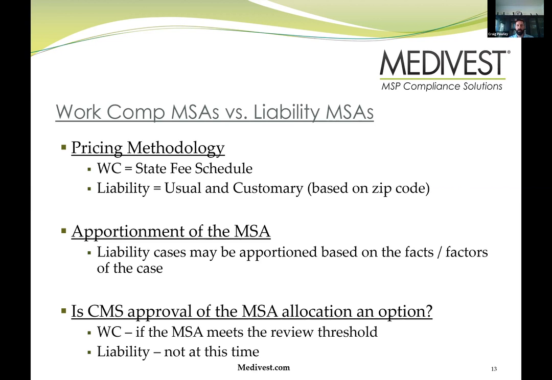So what we would do is put together the full MSA, which is the full figure, and draft a separate apportionment letter where we use the formula from those court cases to come up with a percentage based upon figures we get from you, including attorney's fees and costs, any Medicare liens that are paid back, and the estimated full value of the case. We use that math formula from those court cases to recommend a percentage of the Medicare set-aside that's been put together be set aside.